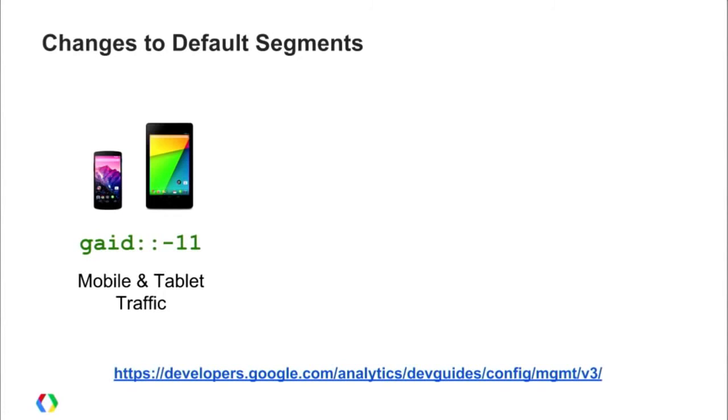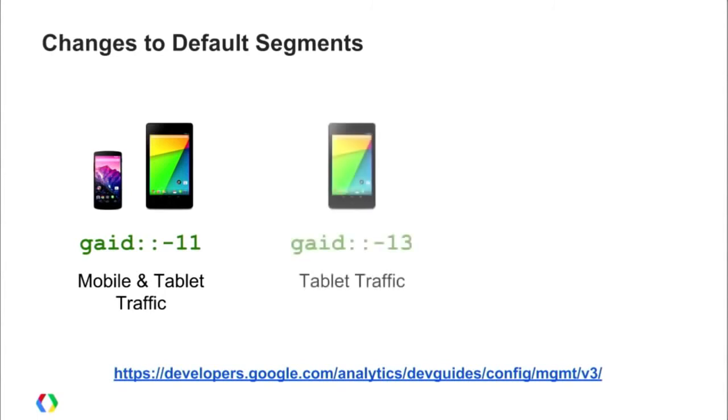But we've also made sure the naming is consistent. We have tablet traffic for the negative 13 ID. It's tablet only now, and the definition of that segment is deviceCategory equals tablet. The definition of negative 11 is deviceCategory equals mobile and tablet, sorry.